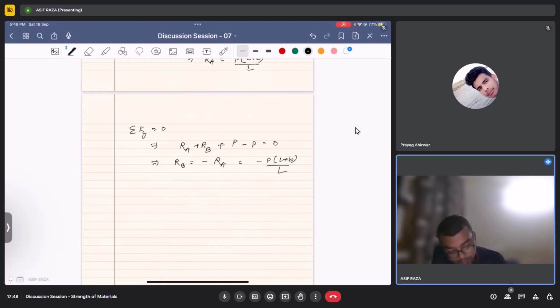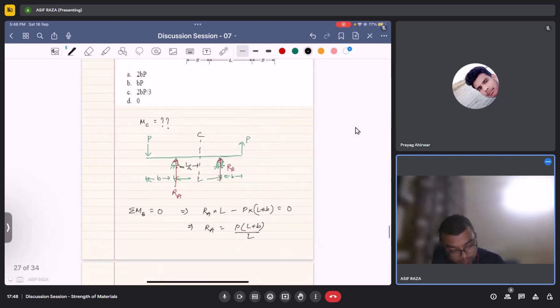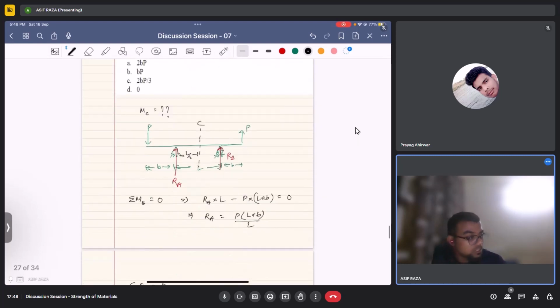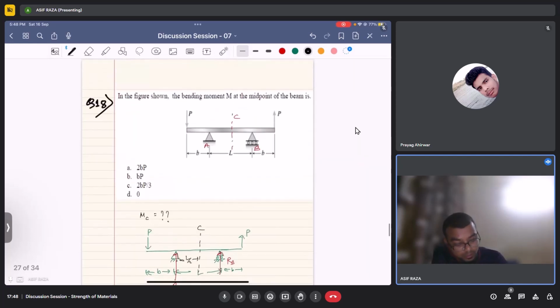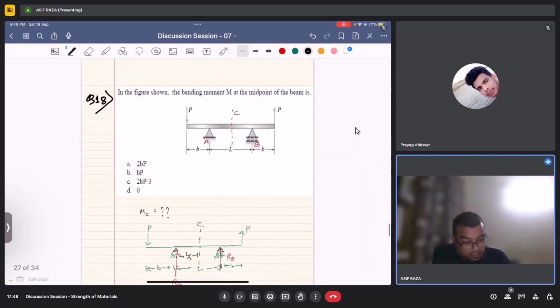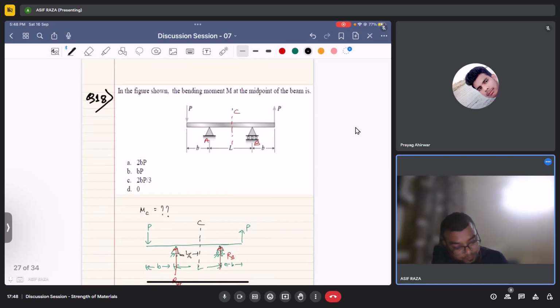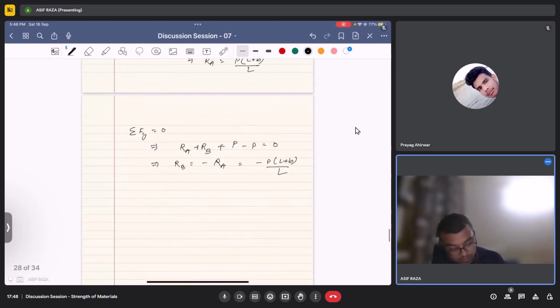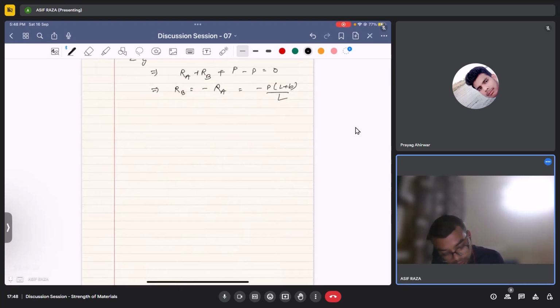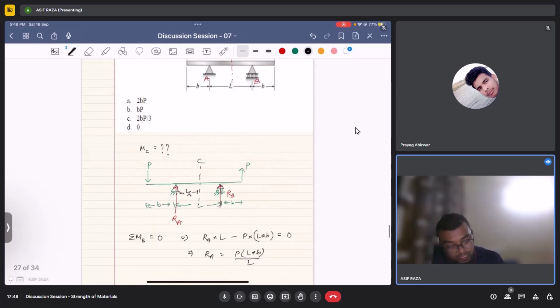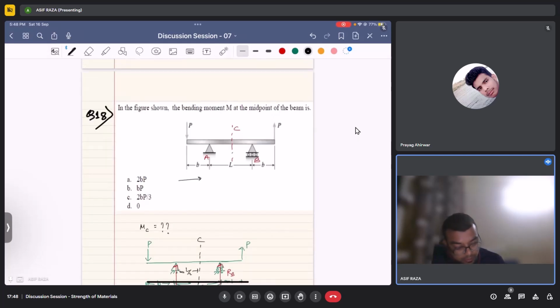Okay, now let's find the bending moment at the midpoint of the beam. So moment at C is equal to, now I'll just follow from the left hand side.